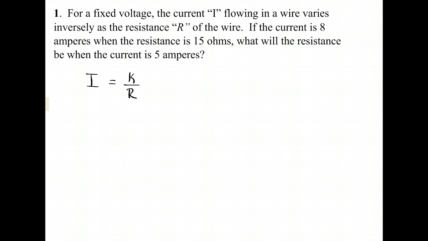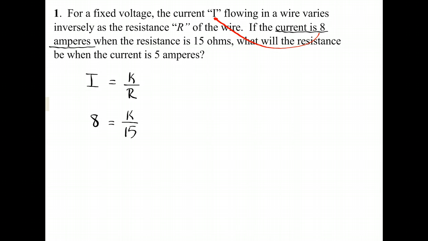If the current is 8 amps when the resistance is 15 ohms, so my I is going to be 8. So if I put 8 in for I, that's going to be equal to K divided by 15 ohms, a resistance of 15.